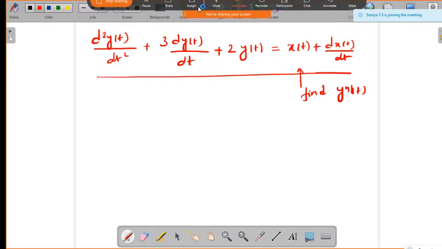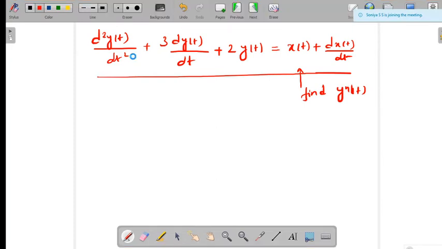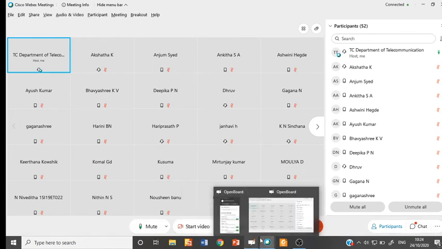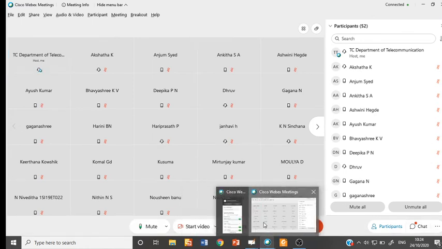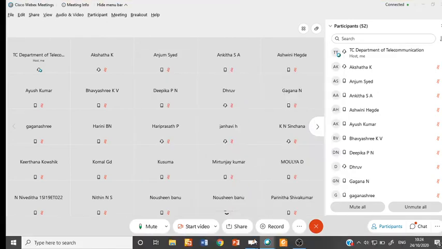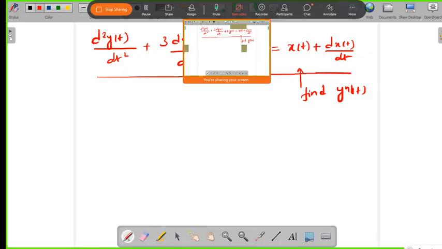Is there any doubt in this? Solving the differential equation, anybody? Take this and try to solve.